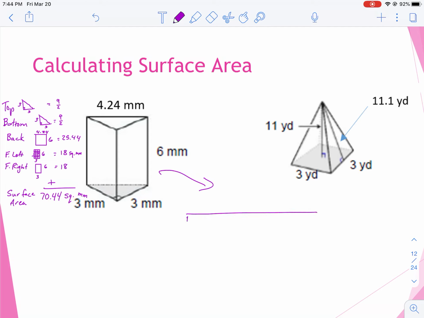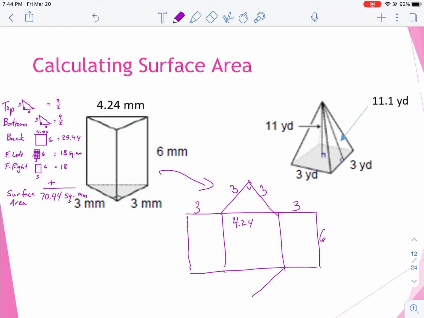The net is basically going to be, because I've thought about this and done this a fair amount, just going to be a big rectangle with a 3 by 3 on either end and a 4.24 in the middle, a 6 on the side, and then 2 triangles here. That's 3 by 3.